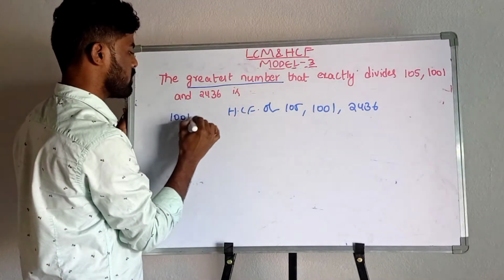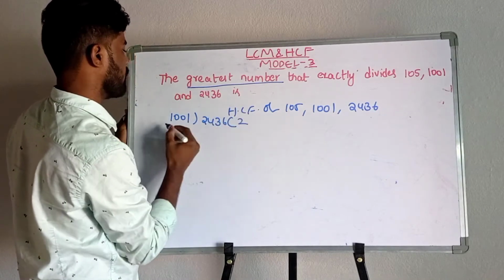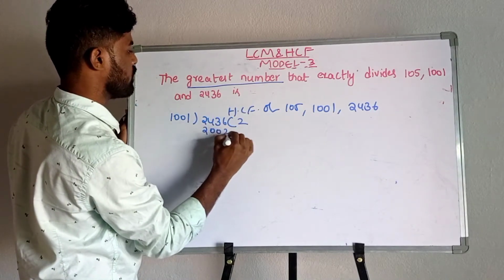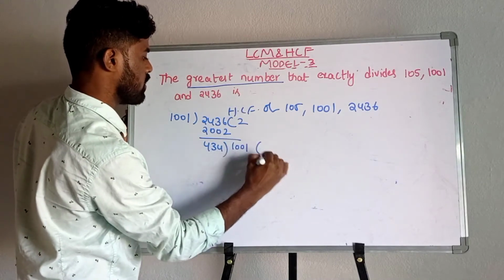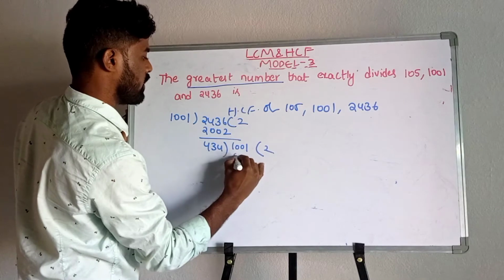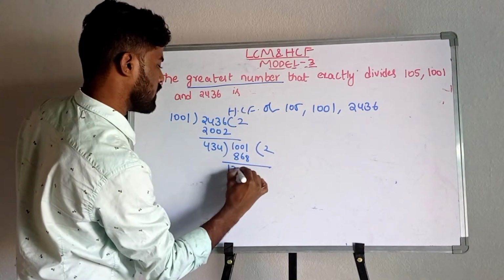We first divide 2436 by 1001: 1001 into 2 is 2002, remainder 434. Now we divide 1001 by 434: 434 into 2 is 868, remainder 133.